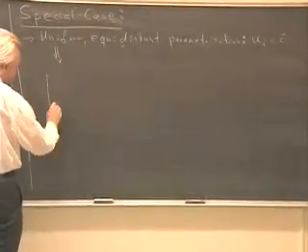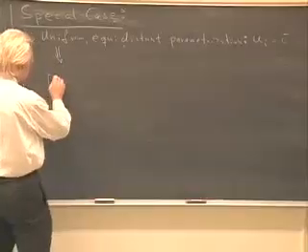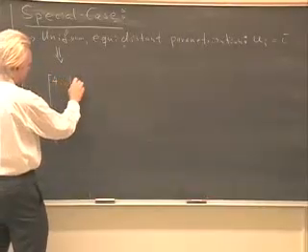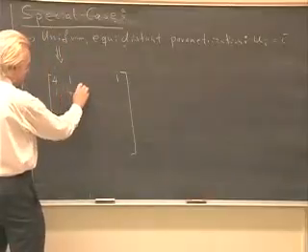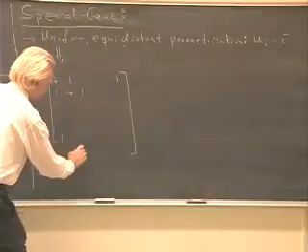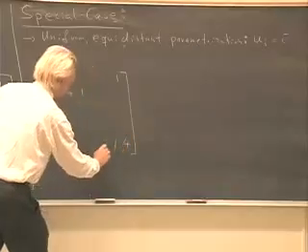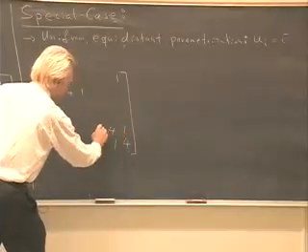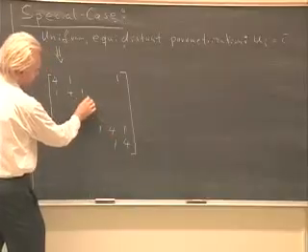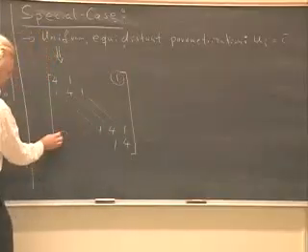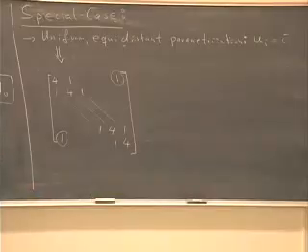The system becomes this one, 4, 1, 1, 1, 4, 1, 1, 4, 1, 1, 4, 1, and so forth. You have a bunch of 1s, you have a bunch of 4s in the main diagonal. You have the 1s in these corners.